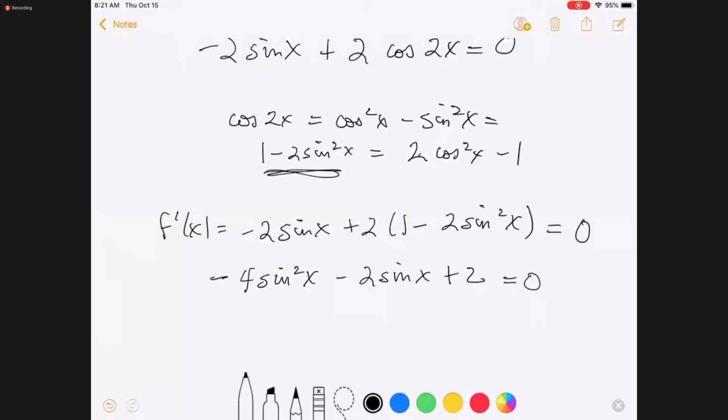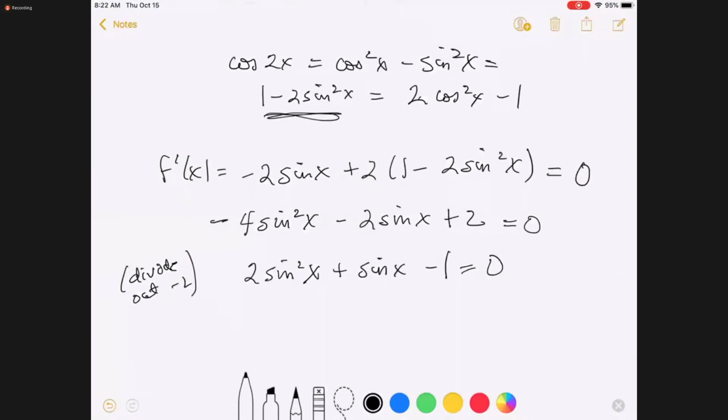Let's see, I may as well clean out those coefficients. How about I divide out a minus 2? That would give me 2 sine squared x plus the sine of x minus 1. Because it's minus 2 times something equal to 0, 0 over minus 2 is 0, so that goes away.